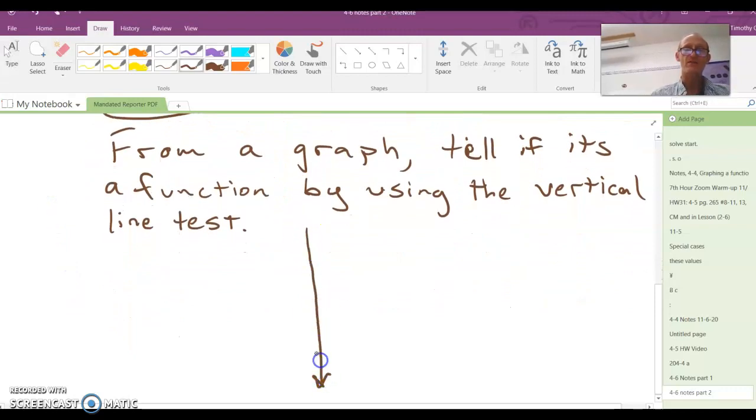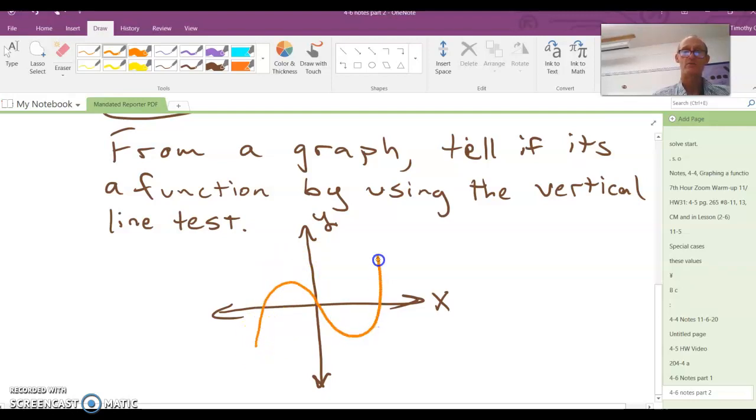I'm going to graph something. This is the y-axis, and this is the x-axis. Okay? So here's my graph. I'm going to graph a set of x and y's that look like this. I'm going to make this kind of curvy.